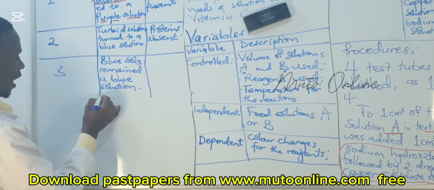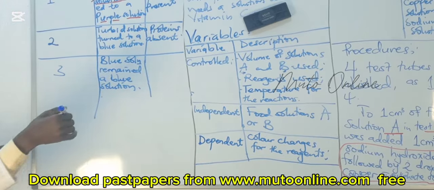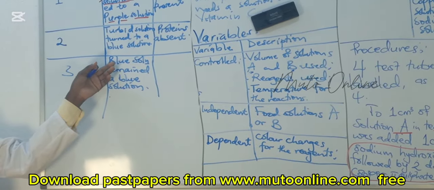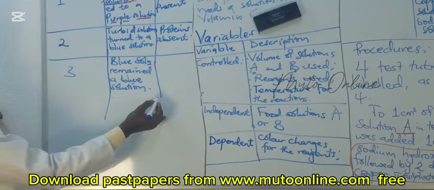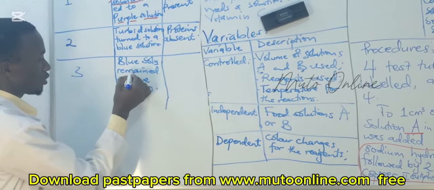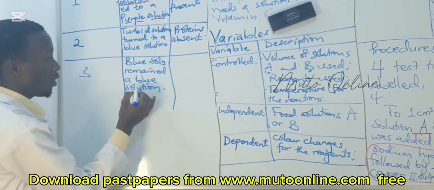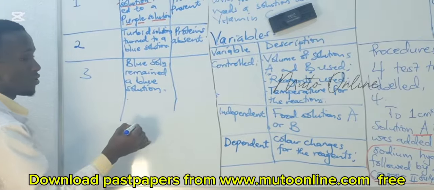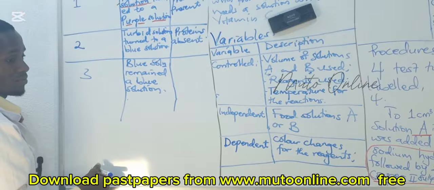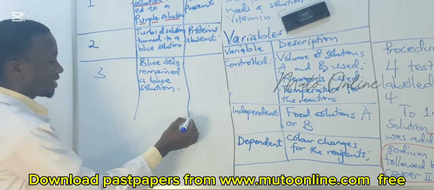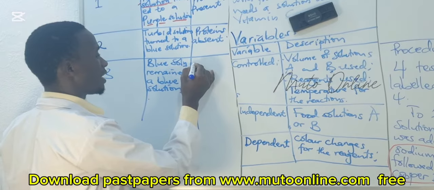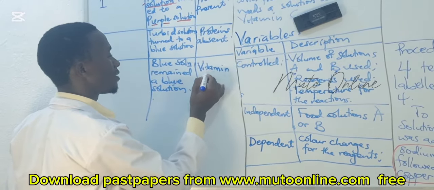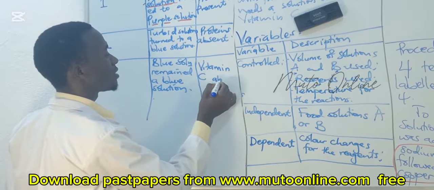We are recording the color of what we placed in the test tube. It was the DCPIP which was blue. So the blue color persisted. This is an indication that the vitamin C is absent.